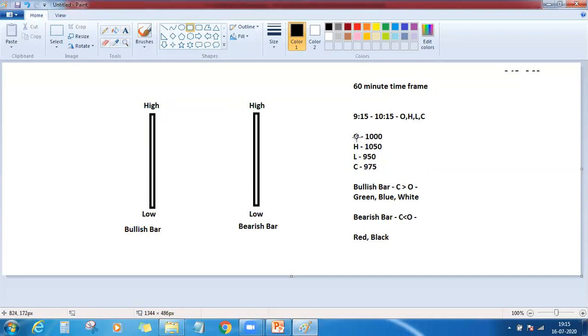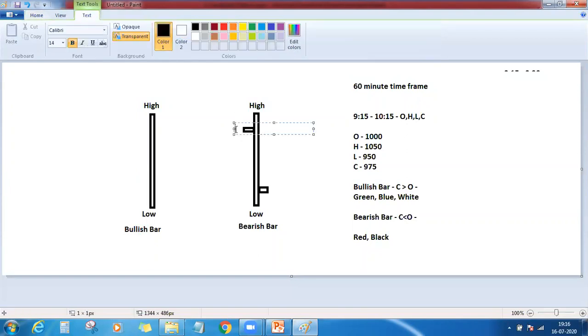You also need to look at whether the closing is less than open or greater than open. So if it is less than open, then the position of this right side tick. So this is called as tick, T-I-C-K. So this is your closing price and this will be your opening price. So this is your open price and this is your closing price.